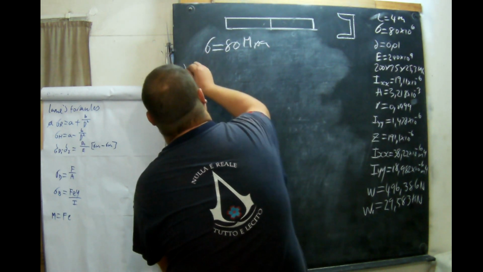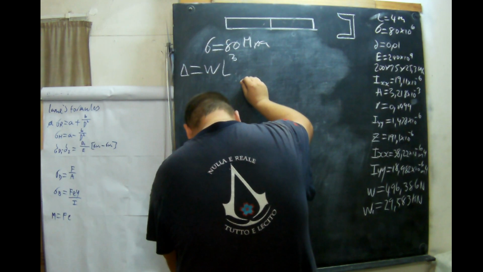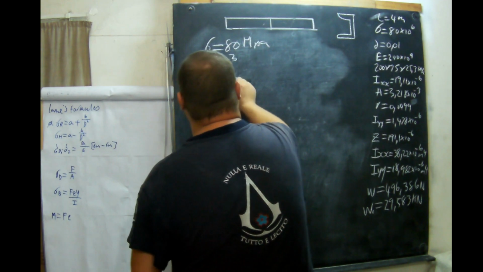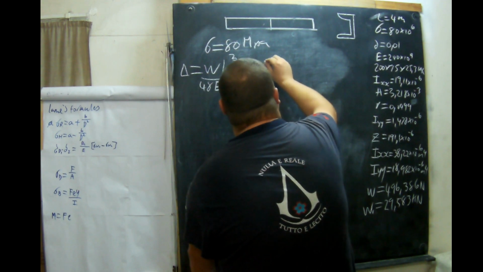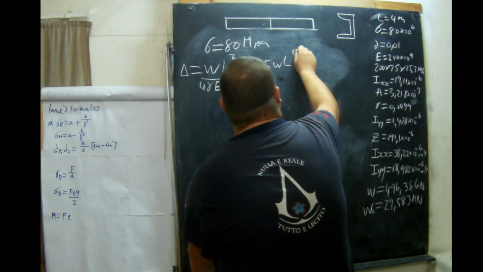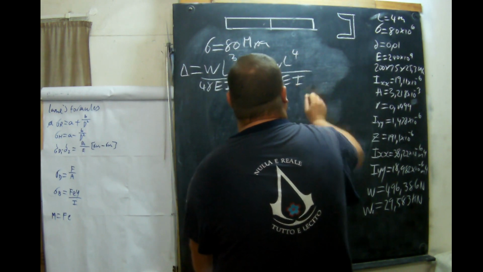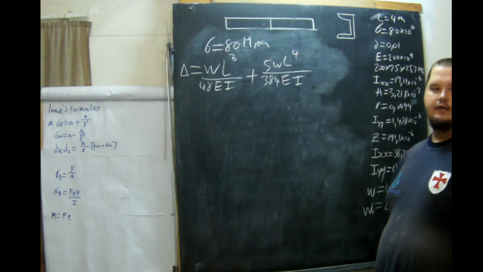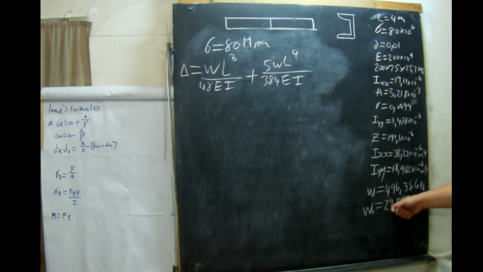So that is deflection equals WL^3 over 48 EI plus 5WL^4 over 384 EI. Now, all you have to do is just plug in your values here. We have everything we need because we're using this weight here.